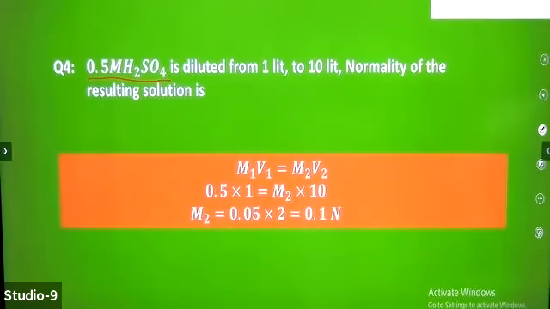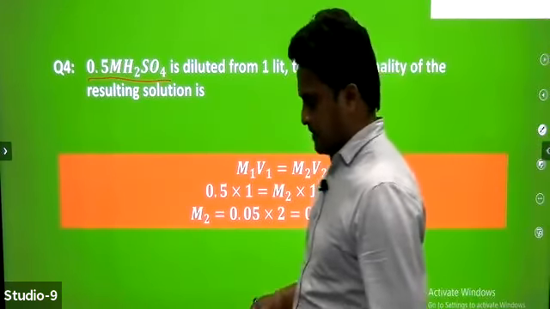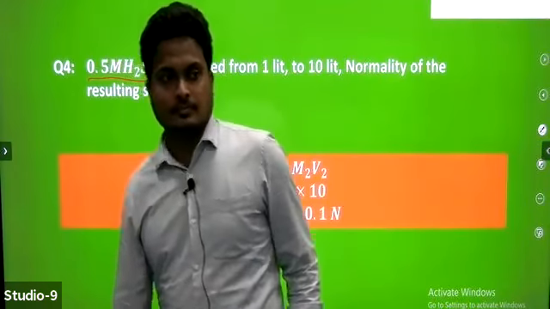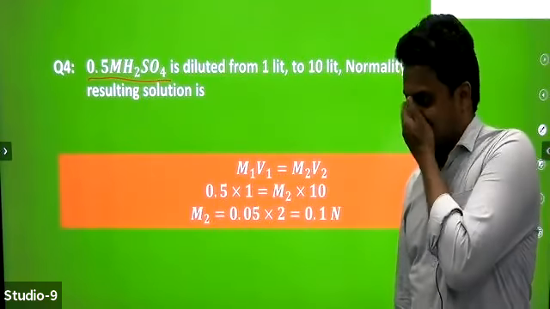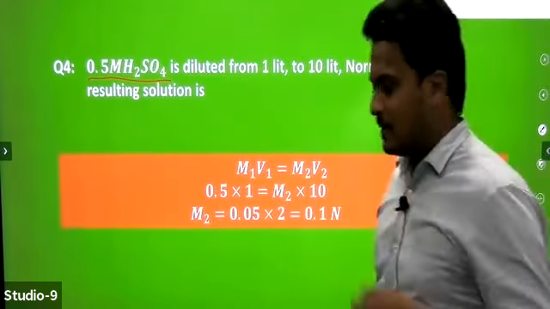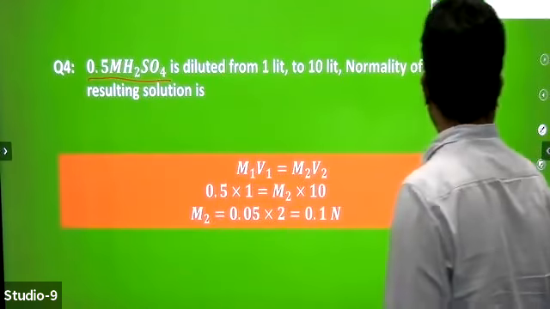What is the relationship between molarity and normality? If you don't know, just derive from formulas.